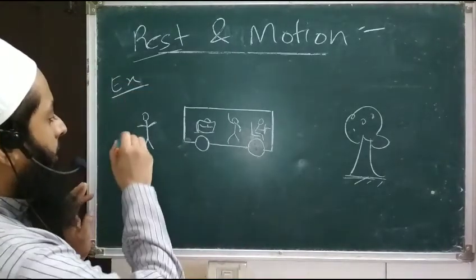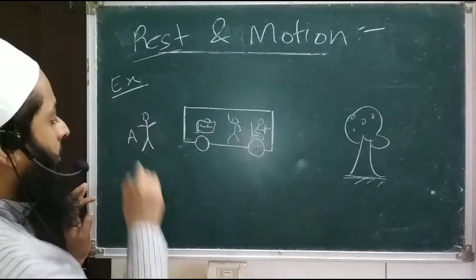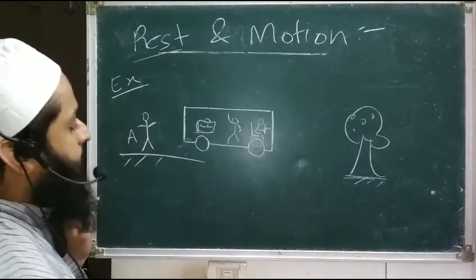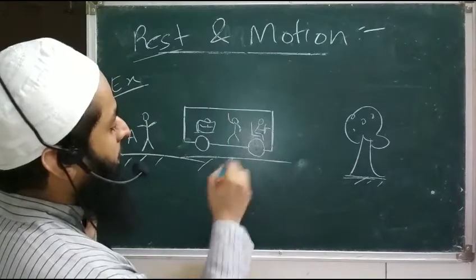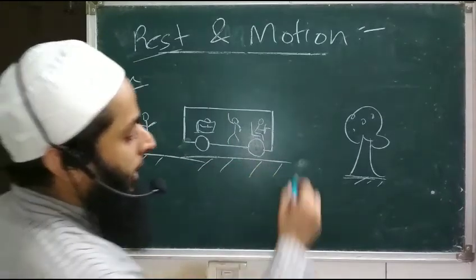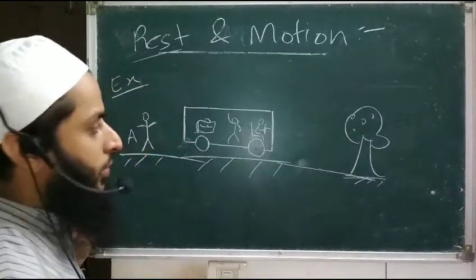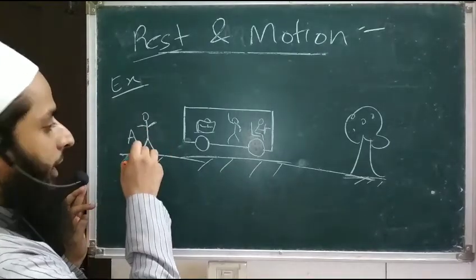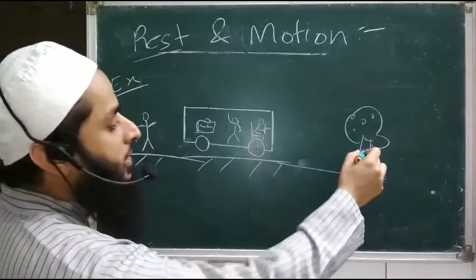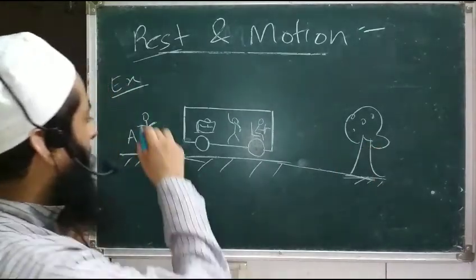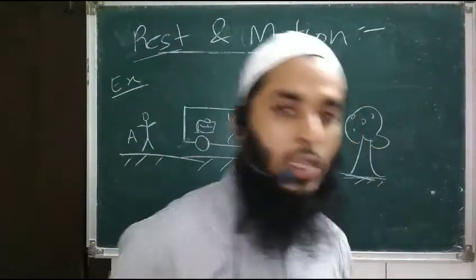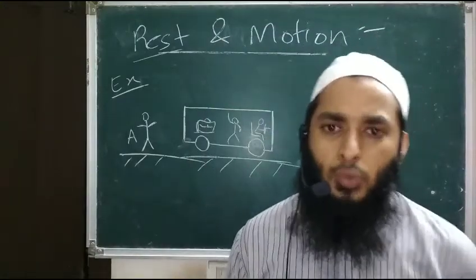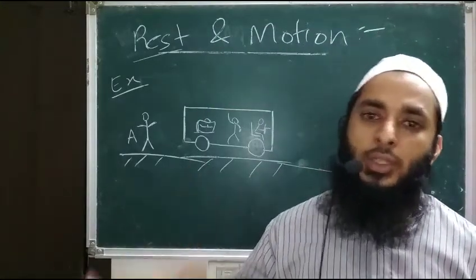So here you can see a person A is resting on the ground and this vehicle is moving on that ground, and you have a tree also there. Now with respect to this man, that is man A, the tree is at rest. So if you ask person A about the tree, he would say that the tree is at rest.